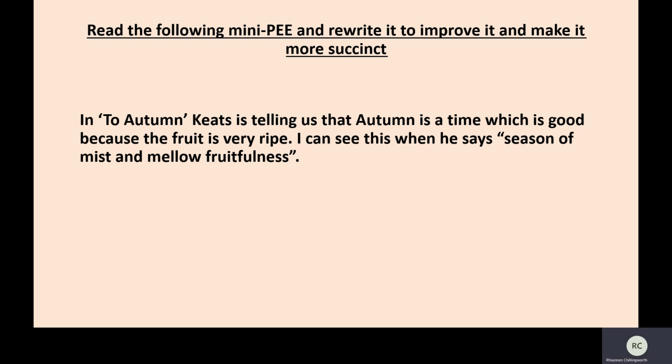When you write a quotation that is that long, your analysis is going to be a little bit vague, because what you are not able to do is really identify what word in particular is giving you that impression and how. Now here, the word that is giving the impression of ripeness is not season of mist or mellow, it is fruitfulness. So there is no need to include any other word other than fruitfulness here.